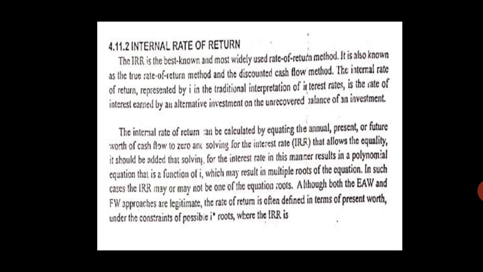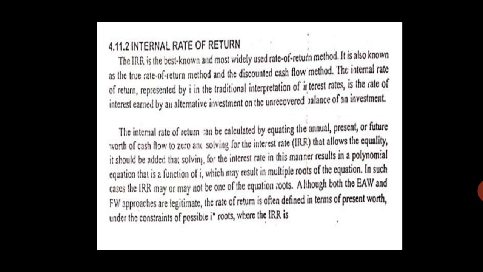So here in the IRR, internal rate of return, whether it is annual worth, present worth, or future worth, we will consider it as 0, and then we will solve for the rate of interest I am going to get. It should be added that solving for the interest rate in this manner results in a polynomial equation, that is, a function of i, which may result in multiple roots of the equation.